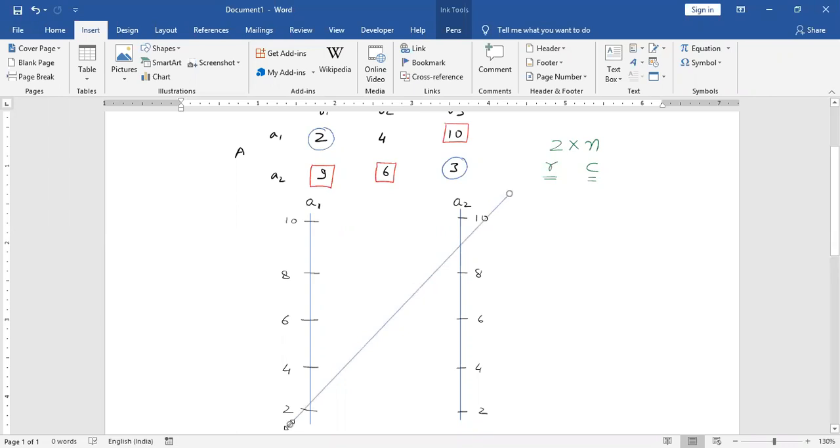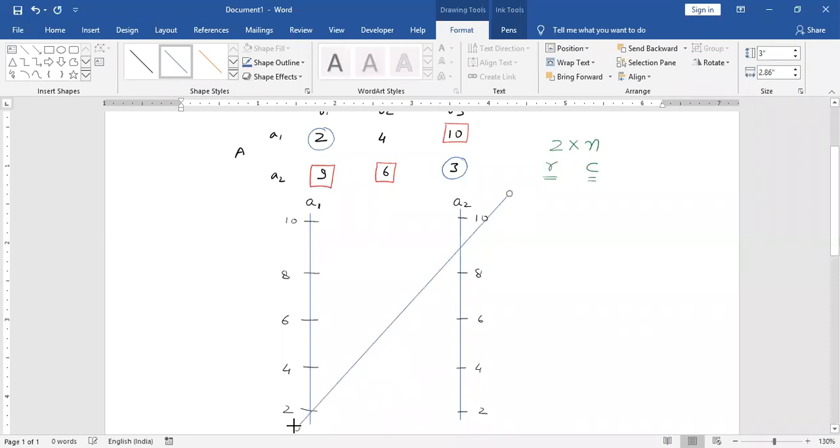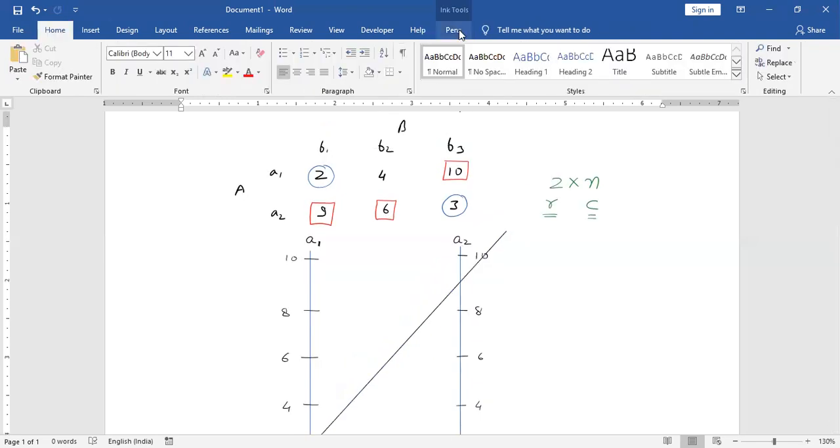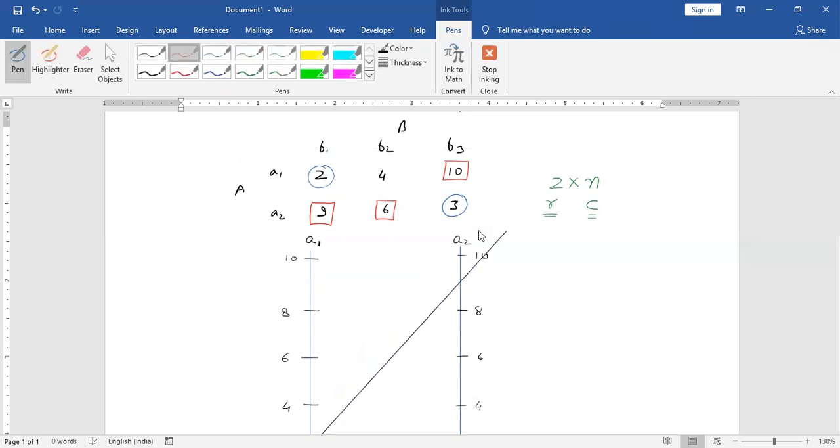I'm trying to draw in a proper manner so that we find the result in a proper way, right? Just a second. It is very important. So this is what I drew, the A1 strategy. Now I'm going to draw another line, and the next line is what?